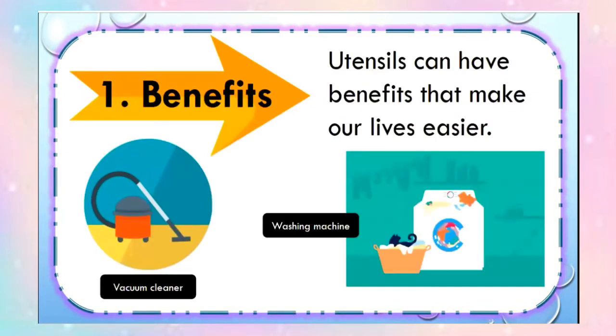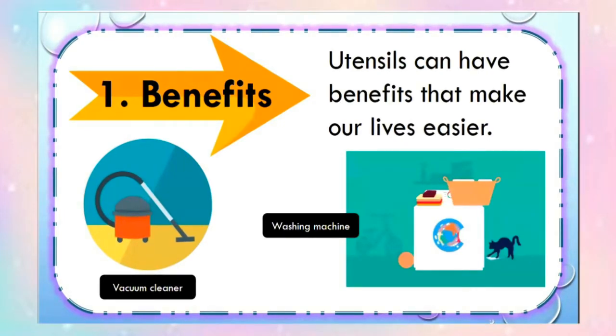Utensils can have benefits that make our lives easier. That's what we should think of first when choosing something for our home. If we buy something, we should think, does it benefit me, or does it have benefit to us? For example, here in the picture, that is a vacuum cleaner.